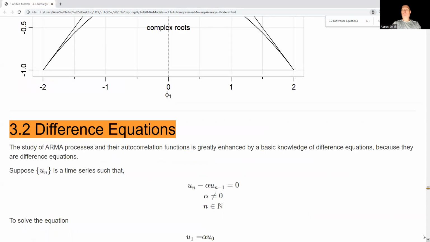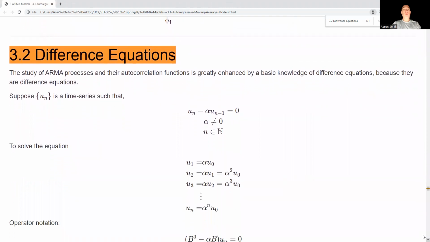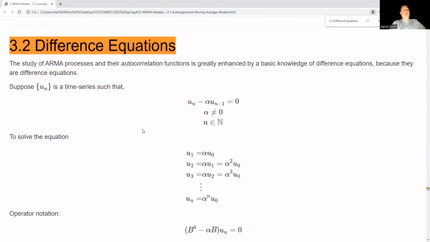All right, let's jump straight into an example. Let's say that I have a sequence where the nth observation is equal to a constant, a coefficient alpha, times the previous observation, and that constant's not equal to 0. Well, if we work on this, we're going to see that this is very geometric. Here's u sub 1, it's just alpha times the first observation.